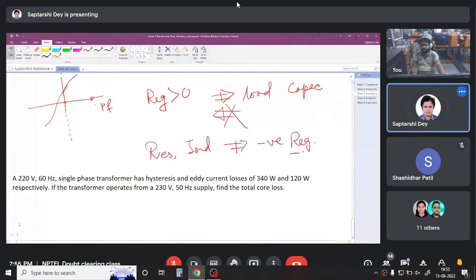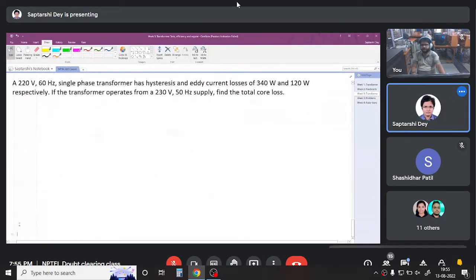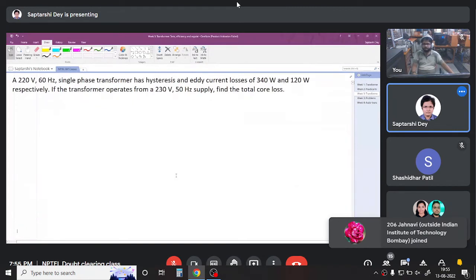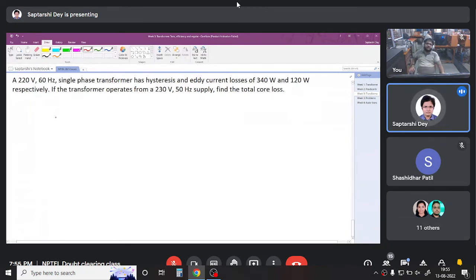Read the question. A 200 volt 60 hertz single phase transformer has hysteresis and eddy current losses of 340 and 120 watt respectively. If the transformer operates from a 230 volt 50 hertz supply, find the total core loss.